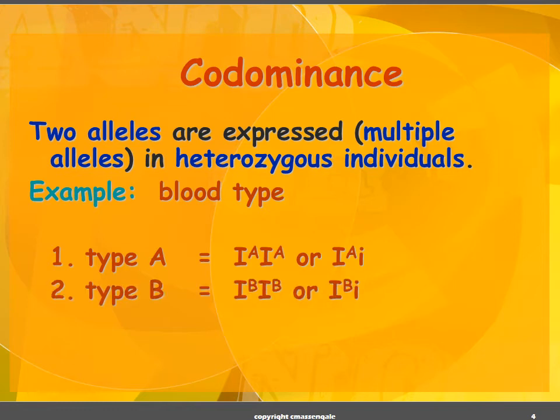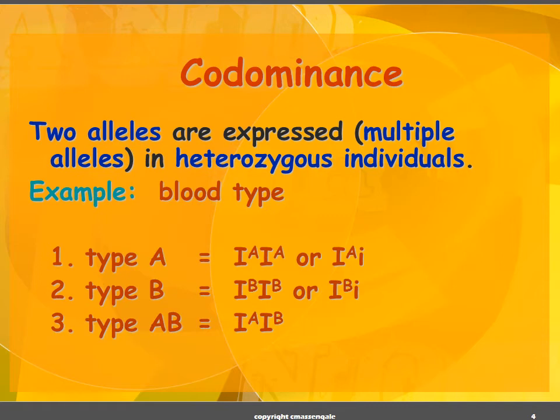Blood type B, very similar, so homozygous B or heterozygous B. And the third blood type, which you all should know about, is blood type AB, and that looks like this, IA IB, right? You're starting to see how codominance works because we can have blood type AB. They are both dominant, okay? And that's why we have blood type A, blood type B, and blood type AB.